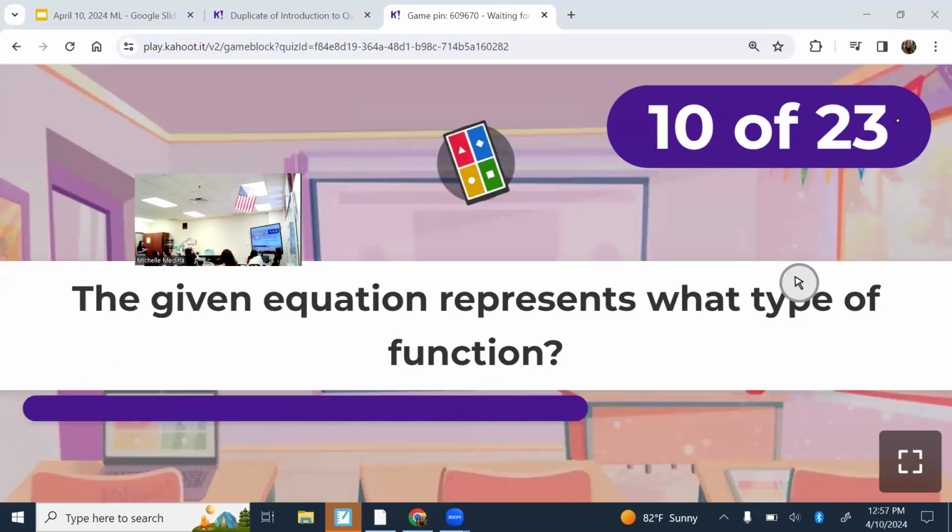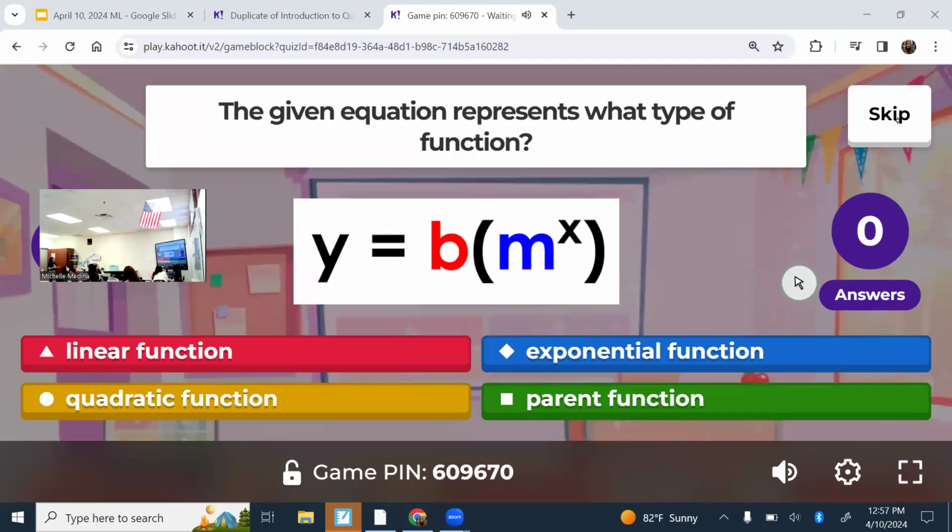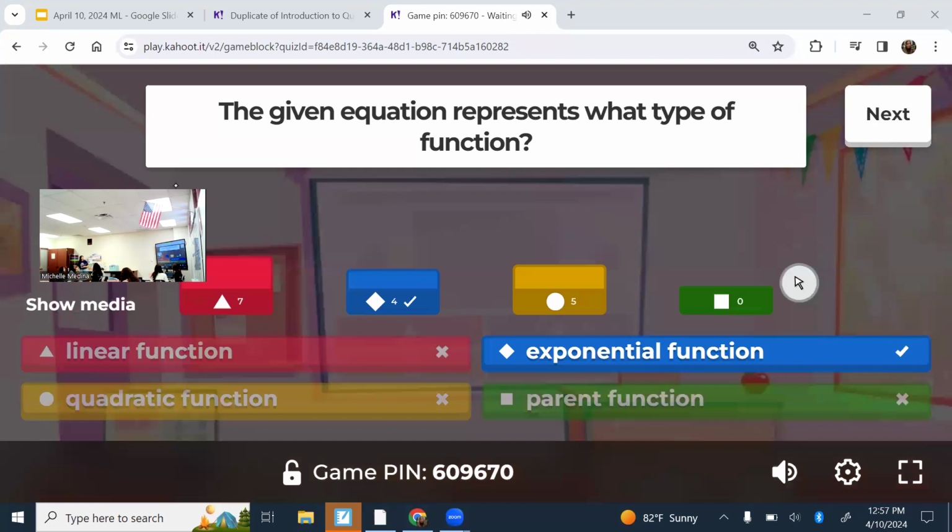Okay, the given equation represents what type of function? If it looks like that, what type of function is it? Only 4 people got that right.